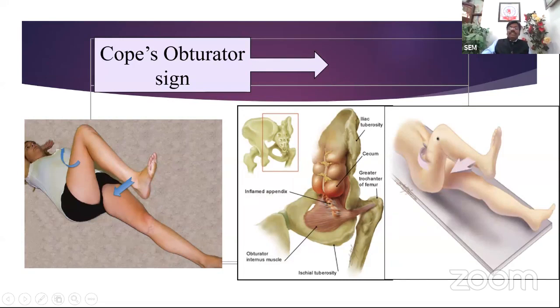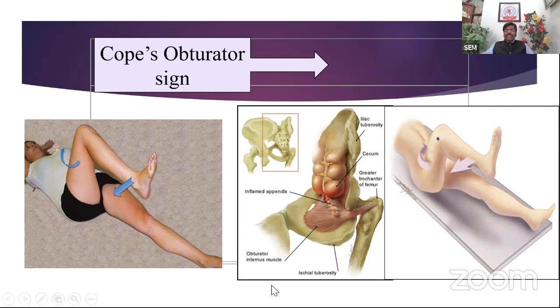So whenever you are trying to do this, that is you keep this knee joint at right angle like this, and you try to do an internal rotation of the hip by just bringing the ankle outwards like this. If you do this way, you can see it rotates inside. The internal rotation of the hip causes severe pain for the patient, that is called Cope's obturator sign.